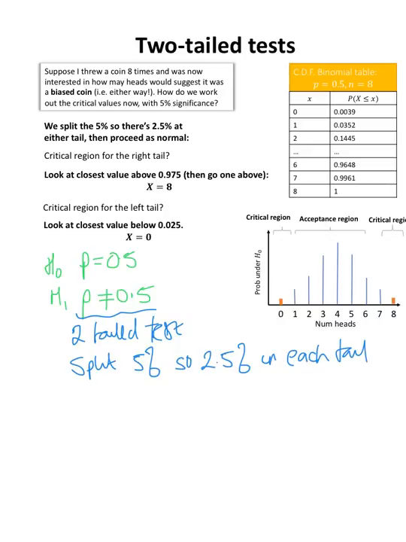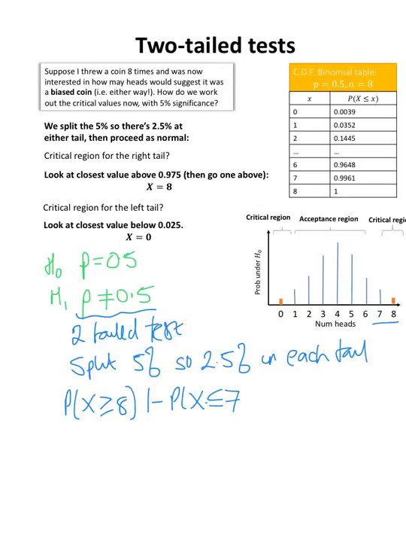So we're going to look at the region in the right tail, the right tail over towards this end. So I'm going to check the probability that x is greater than or equal to 8, which is 1 minus the probability that x is less than or equal to 7.